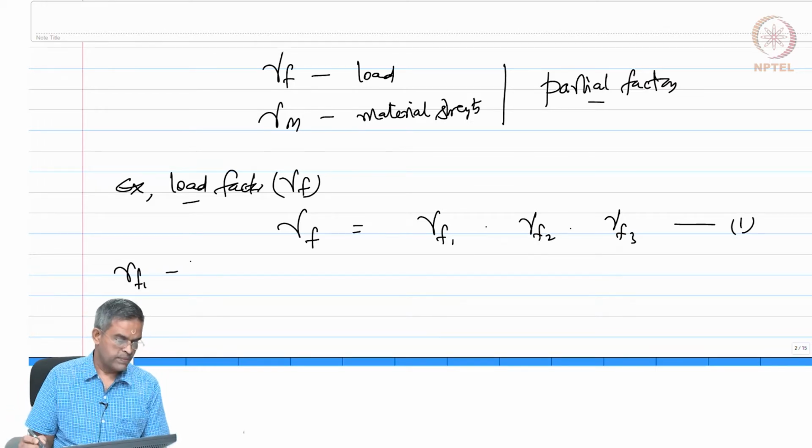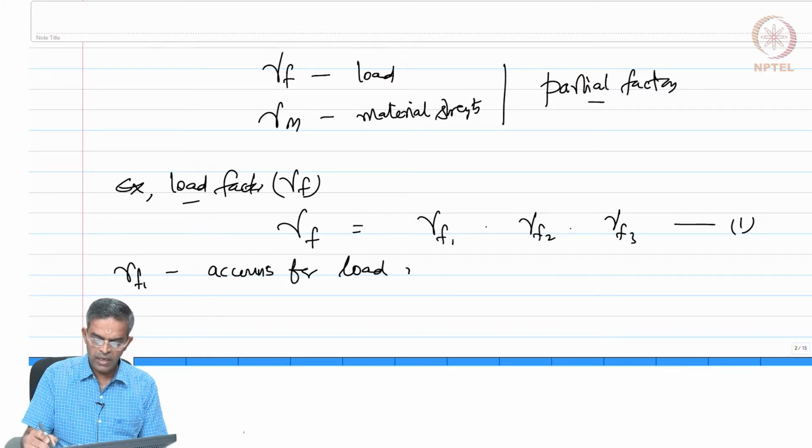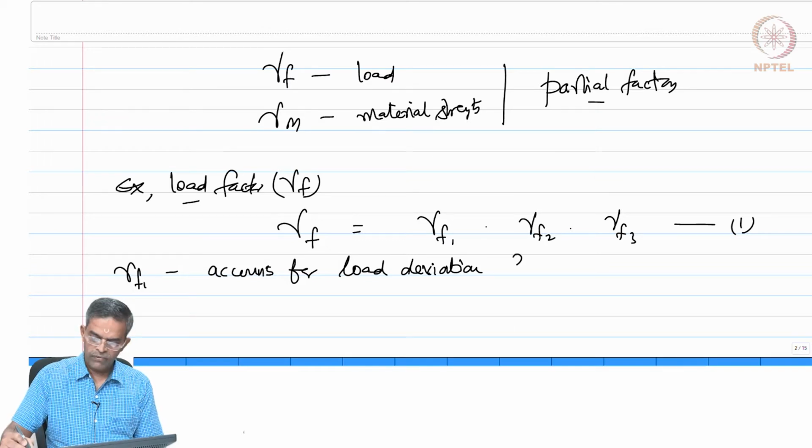Gamma f1 accounts for load deviation from the assigned characteristic value.